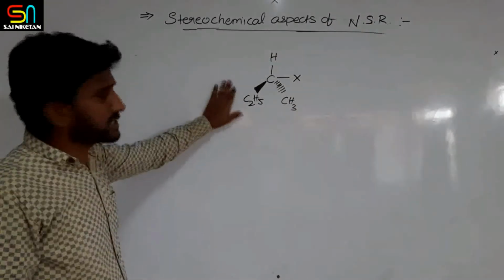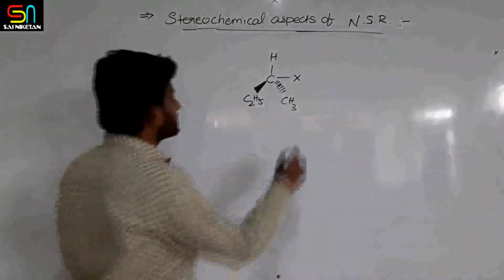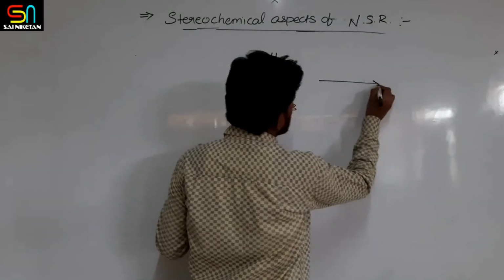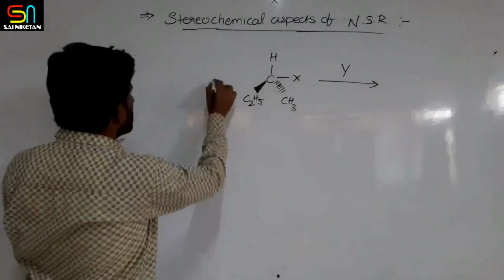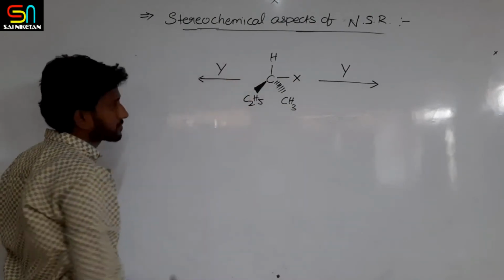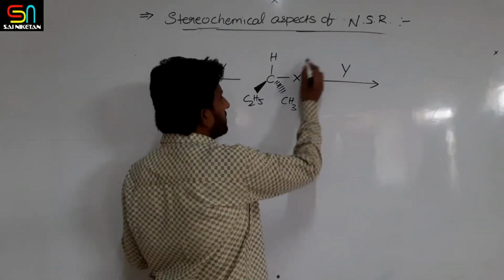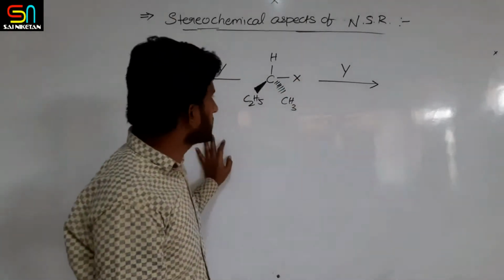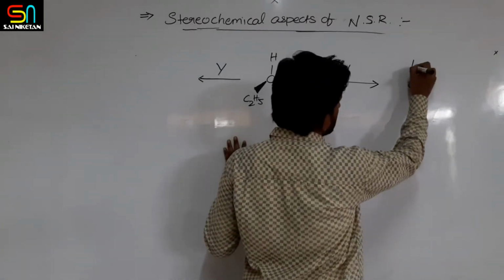Let us assume this is an optically active alkyl halide, and some nucleophile Y I am taking. Now if the nucleophile replaces X, I am writing exactly the same configuration here.